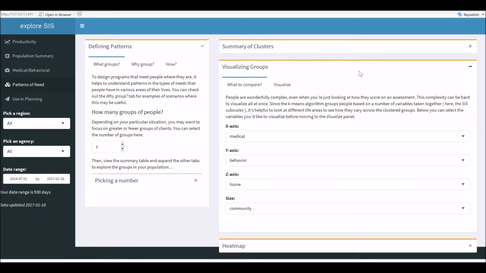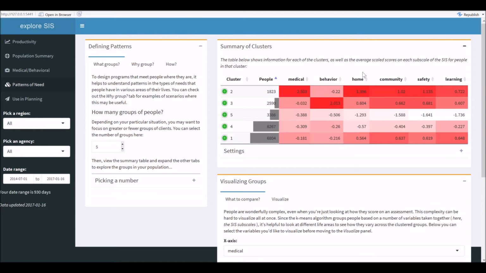So what we did is we tried to press the boundaries a little bit, and instead of just doing 2 dimensions at a time, we said, let's allow people to look at 3 dimensions at a time, and then also change the size so that it's actually a 4th dimension in there. So let's try to do this visualization to get a sense of the differences between these groups.